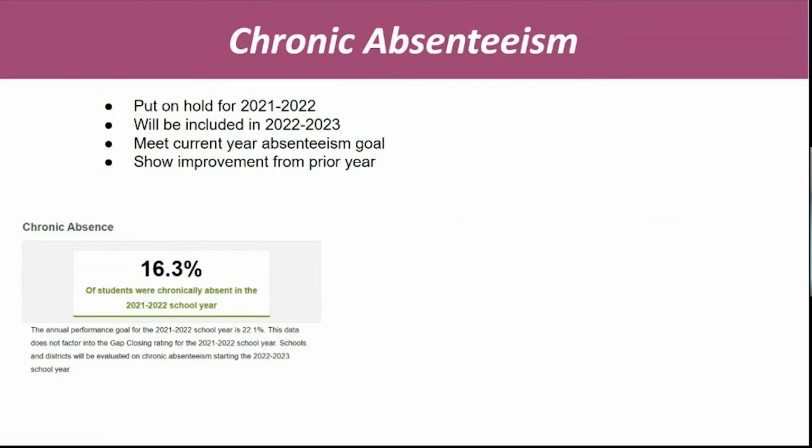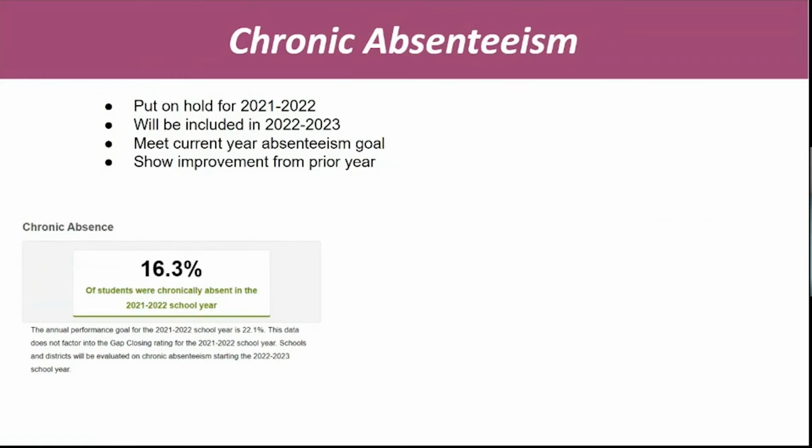All right, so the next, and I believe this is the last one, part of this is chronic absenteeism. And this was the one that was put on hold for 21-22 because of the pandemic, but it will be reintroduced on next year's report card. For this one, you can meet the current absenteeism goal, or you can show improvement from the prior year.